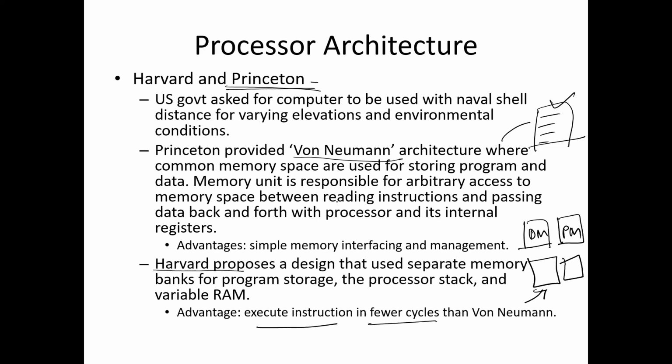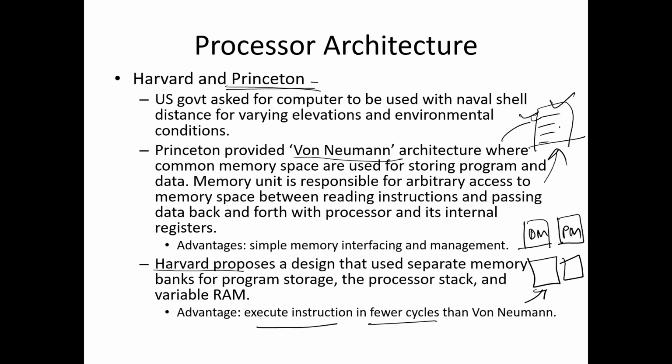But in the von Neumann architecture, all are in the same memory location, so it needs more time to access the memory. It needs some time to search what memory you actually want to access.